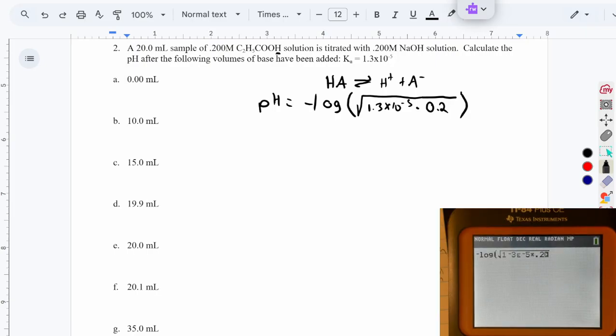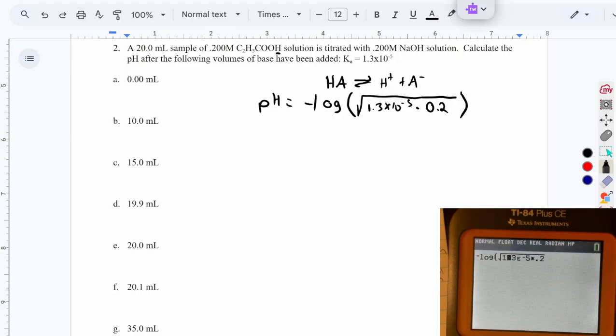All right, so I've set us up here. We'll get that. Oops, I messed it up. What did I do? I put the negative log. Ka is 1.3 times 10 to the negative fifth. All right, and we're going to get 2.79. So our pH on this one equals 2.79.